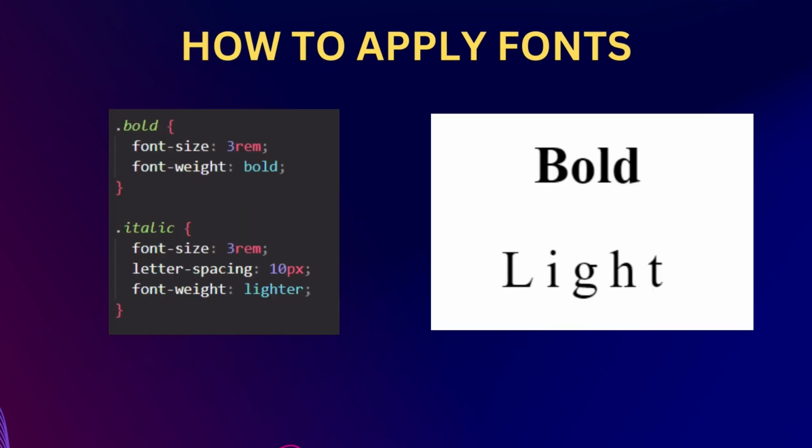And when it comes to font weight, you have the option to either make your text bold or keep it light. This allows you to have control over the thickness of your text, helping you achieve the desired visual effect for your content.